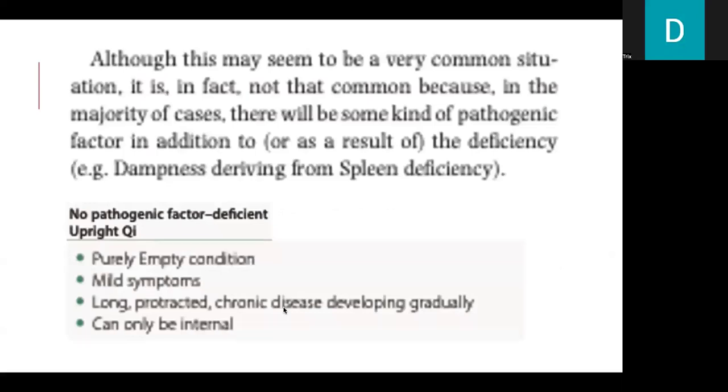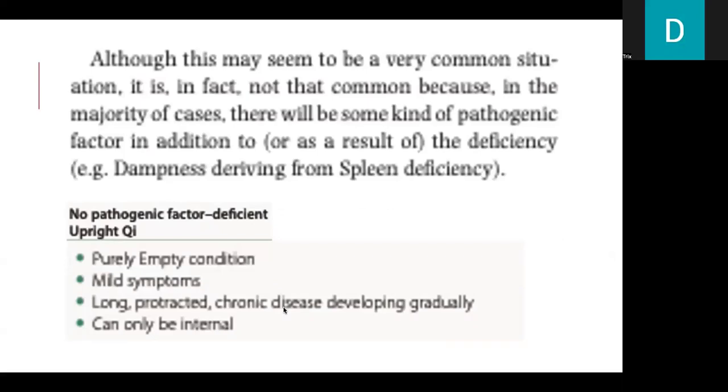Although this may seem to be a very common situation, it is in fact not that common because in the majority of cases, there would be some kind of pathogenic factor in addition to or as a result of the deficiency, for example, dampness deriving from spleen deficiency.